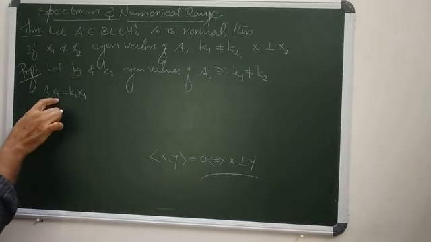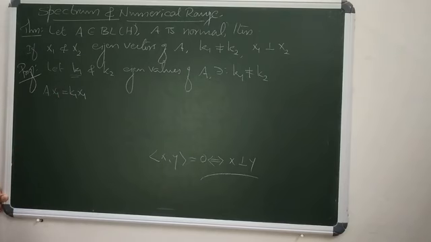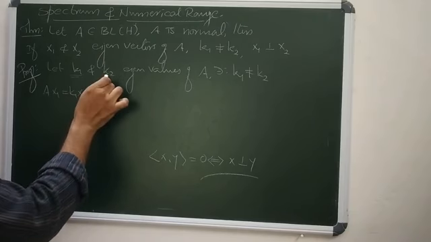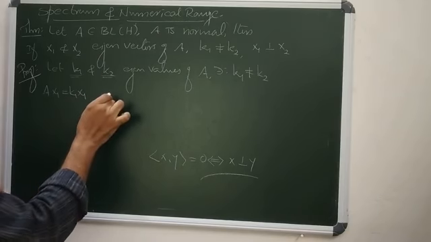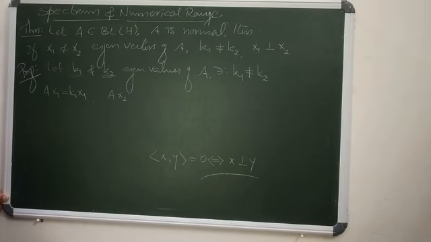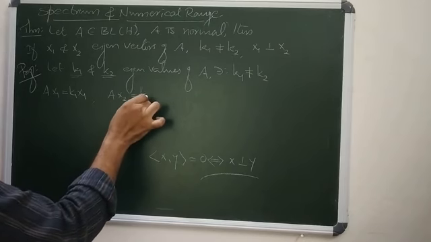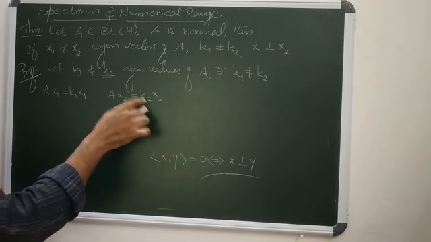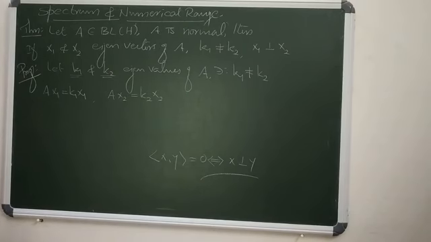Similarly, x2 being the eigenvector corresponding to the eigenvalue k2 means there exists some non-zero x2 such that Ax2 equals k2 x2.